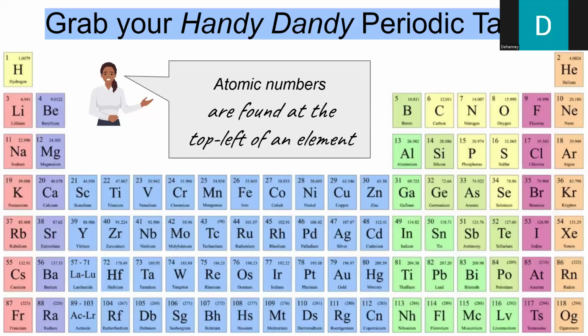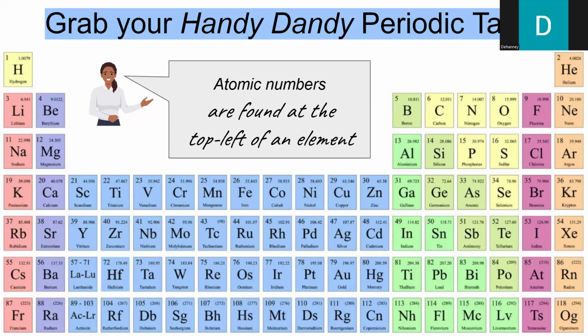Then I bring up this handy dandy periodic table. There's one down below if you want to have a good copy. I think a good periodic table has the atomic numbers clearly written, especially at this stage.